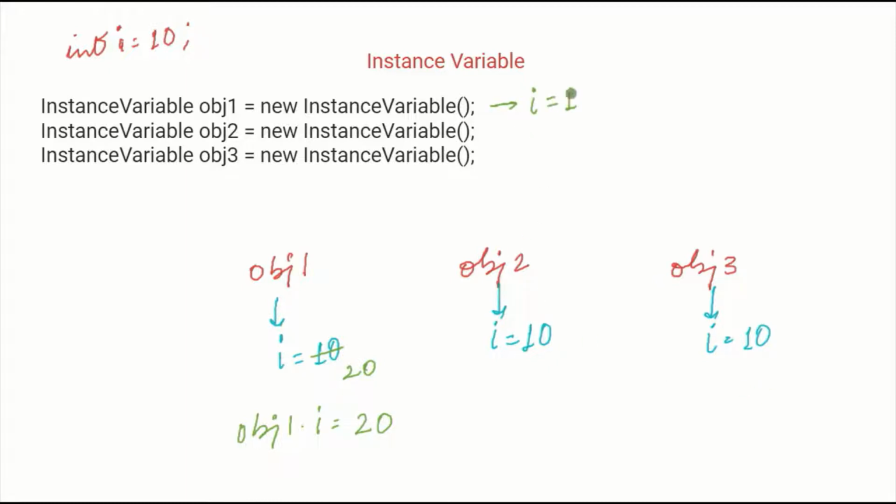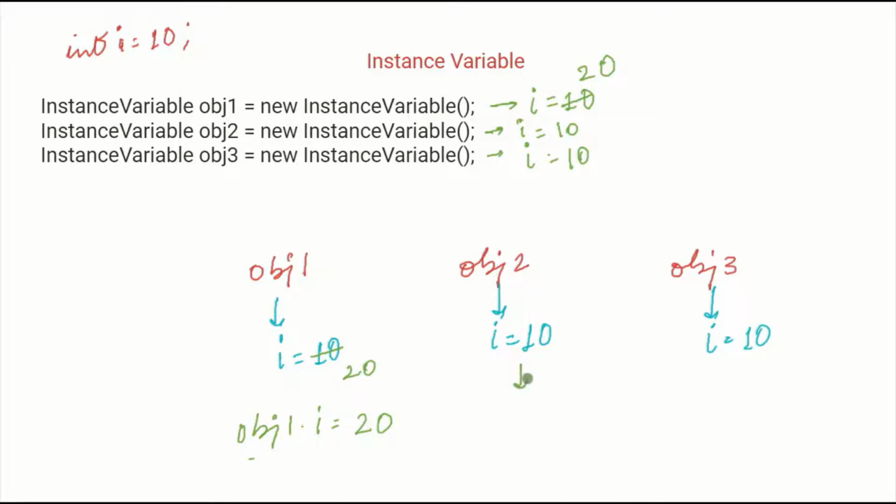If the value of I is 10 for obj1 and it has changed the value from 10 to 20 by using obj1.I = 20, for the other objects the value of I is still 10, until that value is changed by obj2 and obj3. Correct?